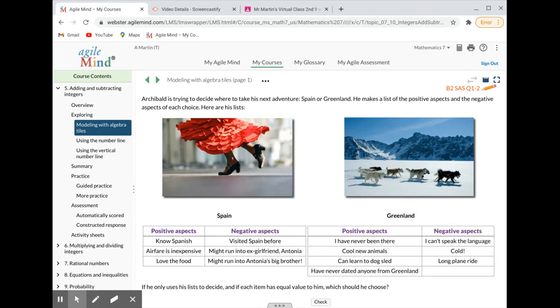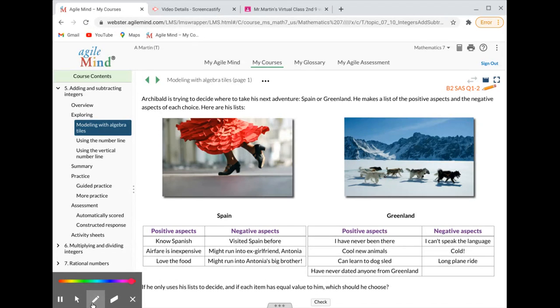Angel S., would you read all of the positive and negative aspects of Spain? Let's put a +1 for the positives, and a -1 beside the negative aspects. Go ahead whenever you get ready.